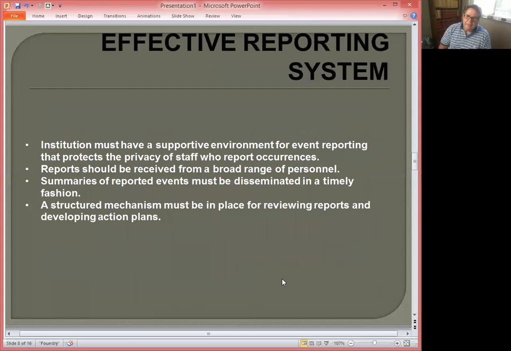The effectiveness of our reporting systems, again, they're only as effective as the data input, as the common sense that's used in the input of the data. Institutions must have a supportive environment for event reporting that protects the privacy of the staff who report the occurrences.